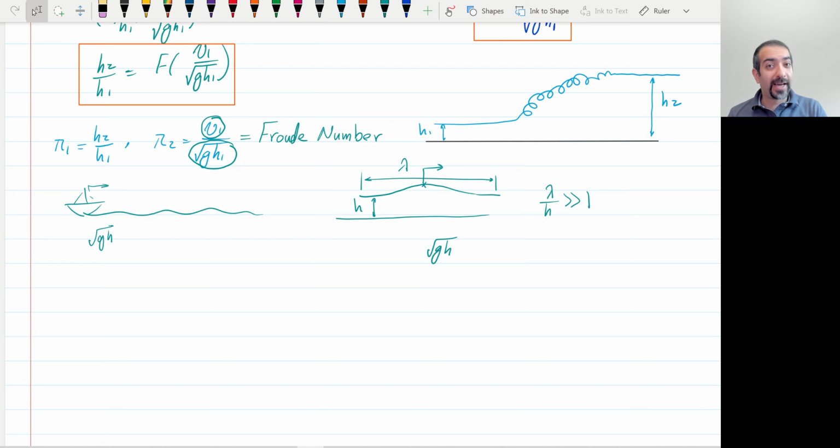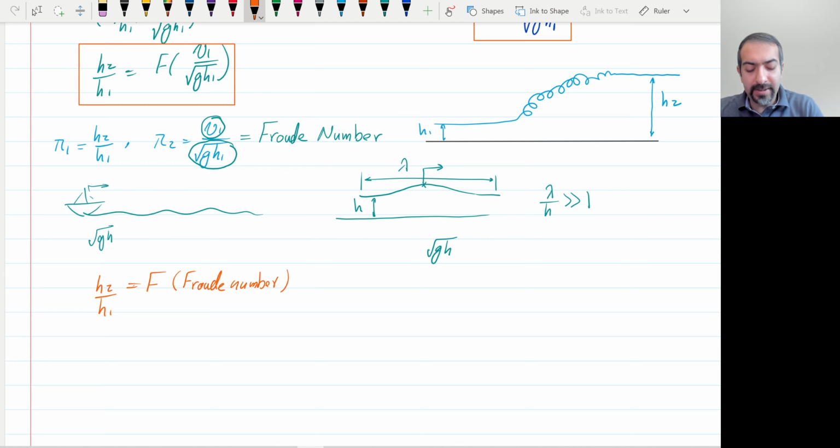So for the kid, the Froude number is supercritical, right? Because the kid is trying to catch up. You're moving faster than the kid's natural speed of walking. For you, you are at Froude number 1, which means that you are walking at your natural speed. So basically, going back to the problem of hydraulic jump, it basically says, well, h2 over h1 is a function of Froude number of the flow.